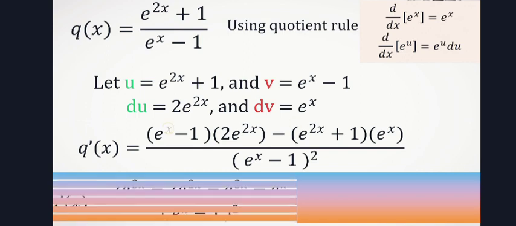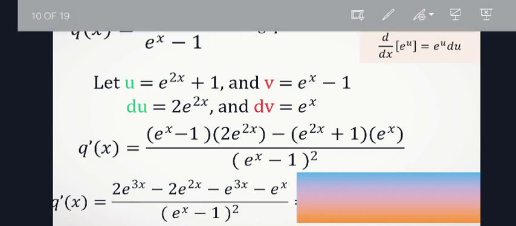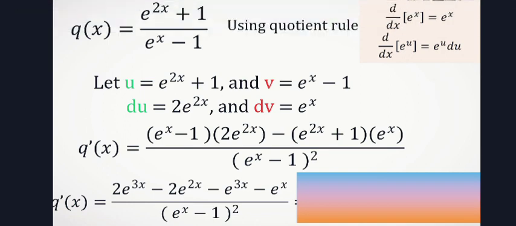Okay? Then, by distributive property of equality, si 2e raised to 2x kanina, ibibigay natin kay e raised to x minus 1 to come up with 2e raised to 3x minus 2e raised to 2x. Ganon din yung case ng nasa kabila, si e raised to x, ibibigay natin kay e raised to 2x plus 1. Okay, and the answer is negative, e raised to 3x minus e raised to x, and copy the denominator.